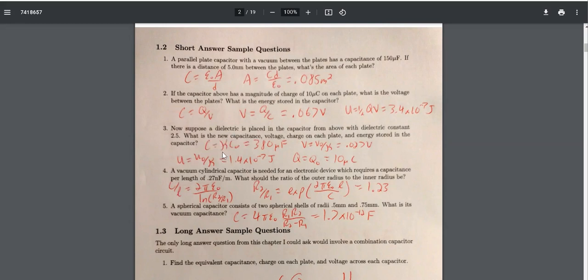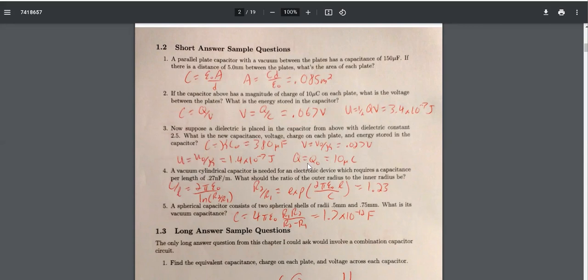And this number is always larger than 1 for anything that's not a vacuum, and it's 1 for a vacuum. So if we multiply the vacuum capacitance by some number greater than 1, it increases. For voltage, we divide the vacuum voltage by this number that's greater than 1, which means that the voltage decreases. And the same thing for the energy that's stored in our capacitor here.